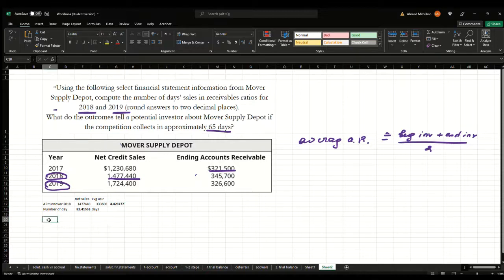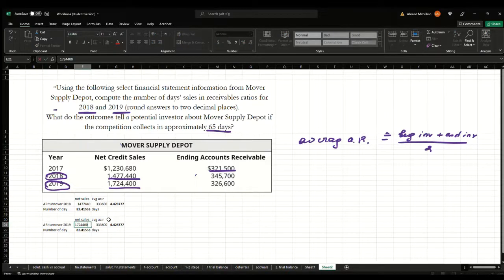If we do the same thing for 2019, I can actually just copy it and change the information. That's much simpler. The net sales in 2019 is 1,724,400. So I can just click here and change the formula.